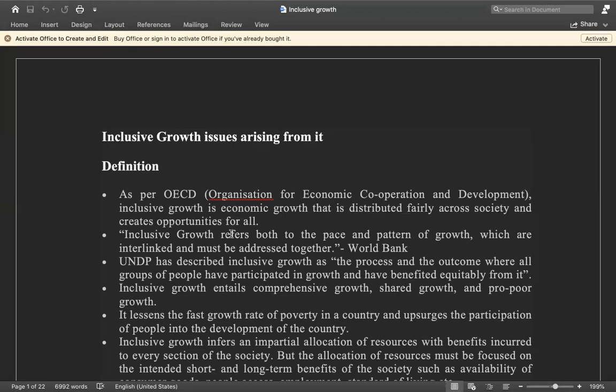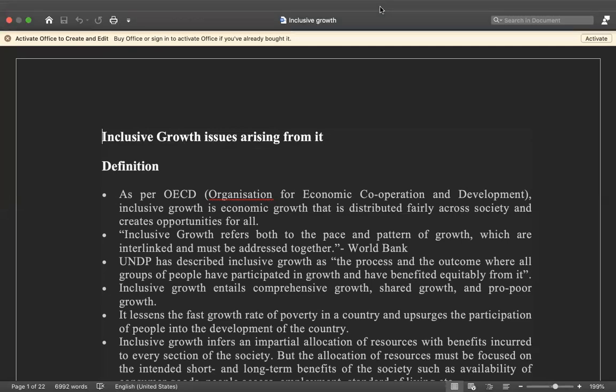Next, impartial allocation of resources with benefit incurred to every section of the society. So here, allocation of resources must be for everyone, not partial. Impartial means equally distributed to everyone, isn't it? So now, this is the impartial distribution of economic resources to every section of the society.